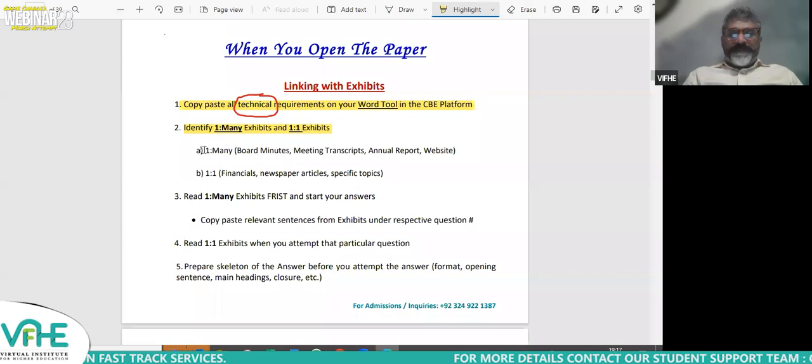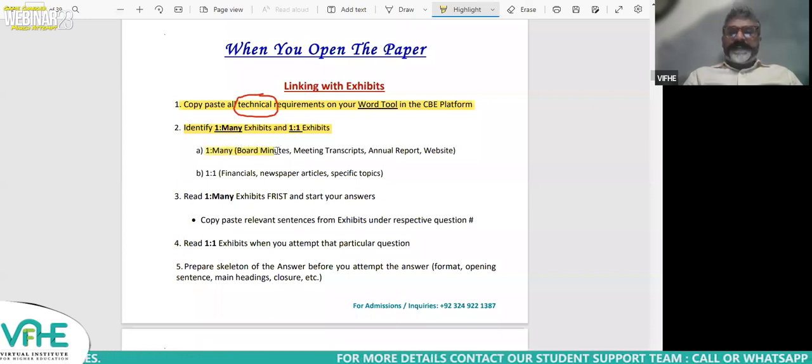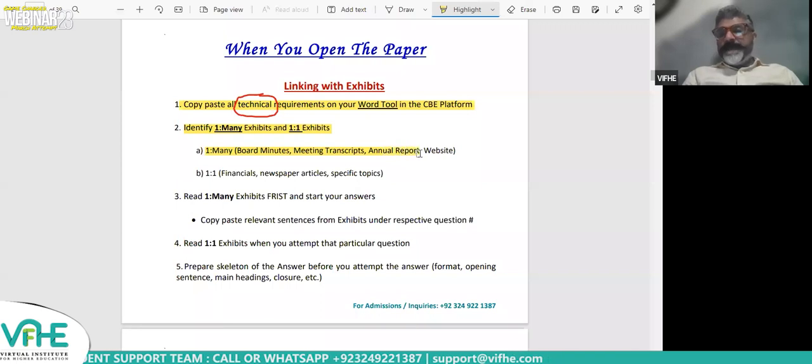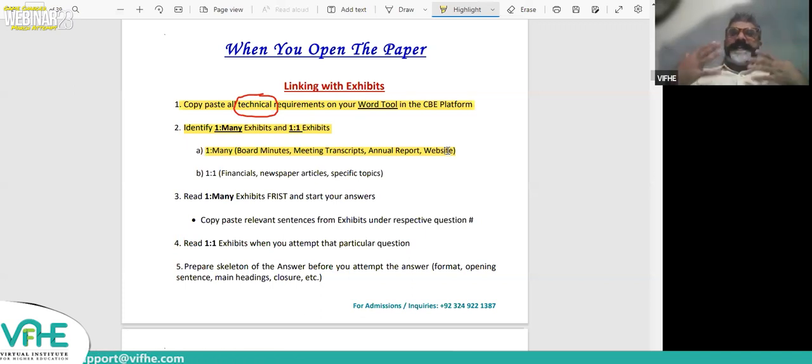Also, there are some 1:many exhibits like board minutes or board meetings or meeting transcripts, annual report, website. So generally these are those exhibits which contain a variety of information which can be utilized in multiple questions.